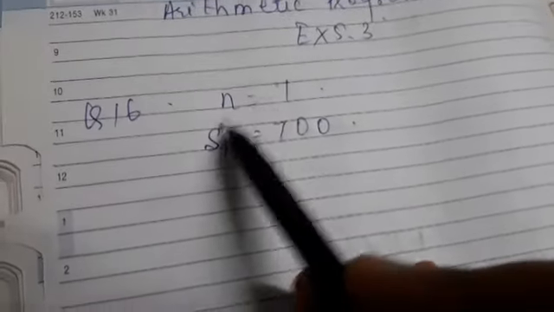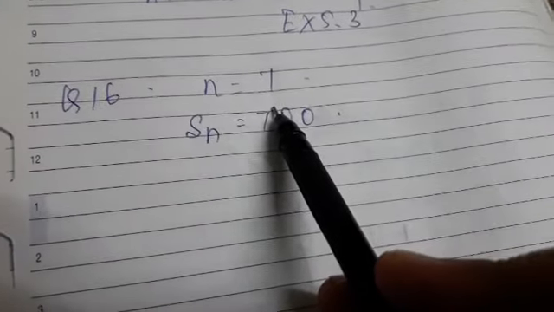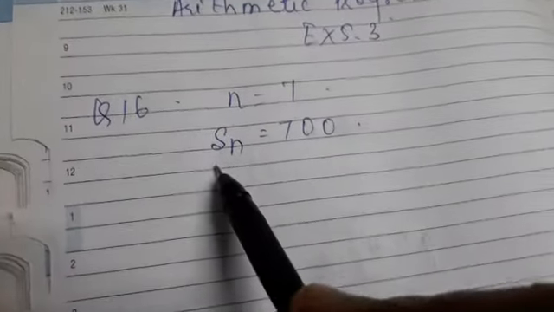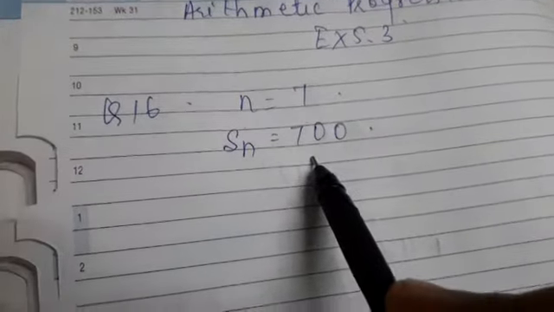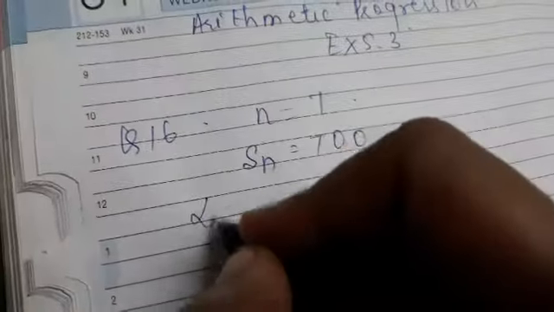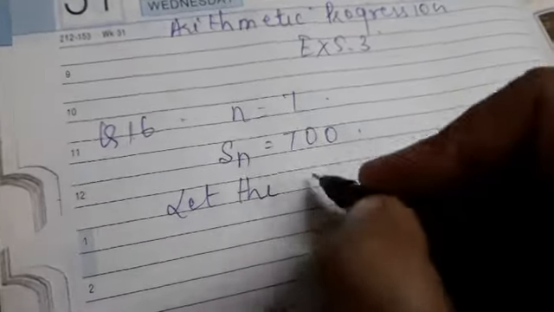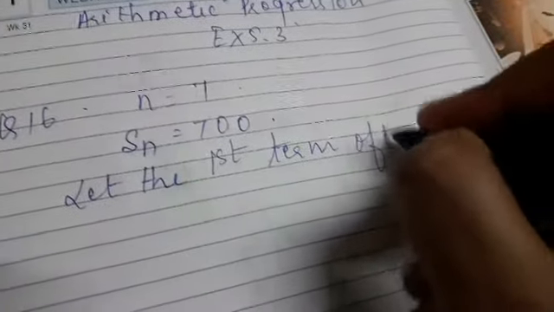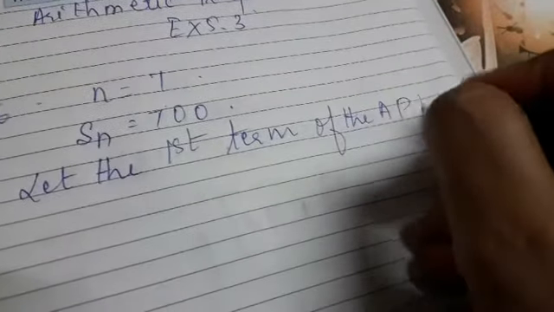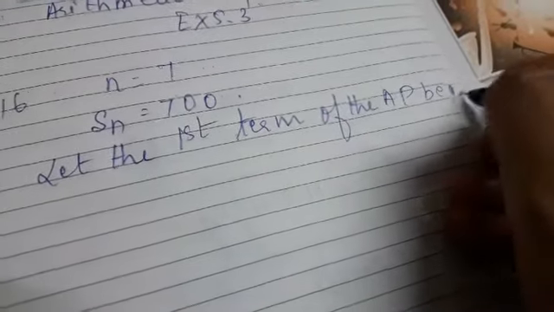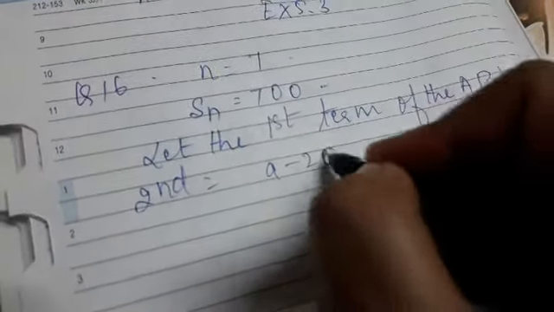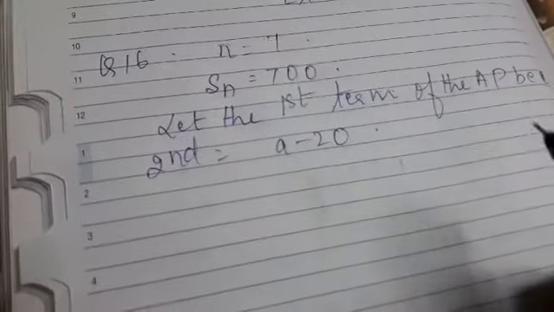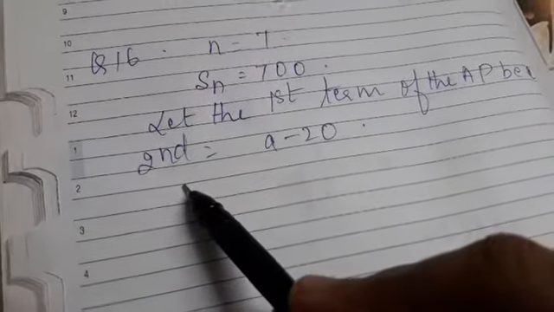You know that n is equal to 7 because there are total 7 prizes to be distributed. The sum of the prizes is 700. We will suppose let the first term of the AP be A. If the first term is A, the second term will be A minus 20 because the next term is 20 less than the preceding term.